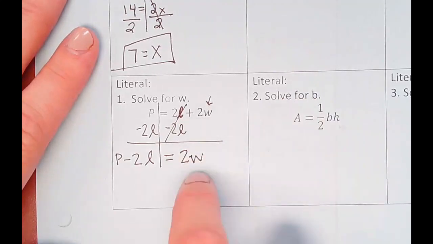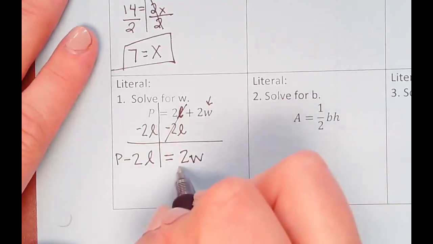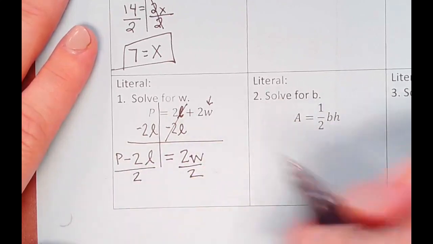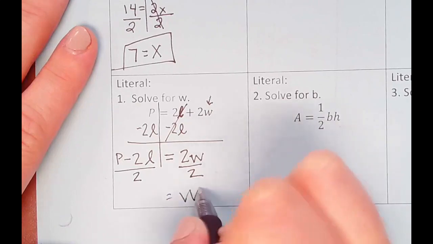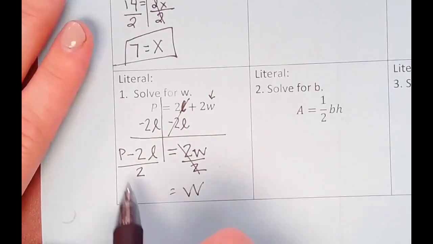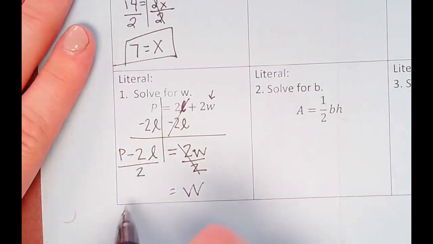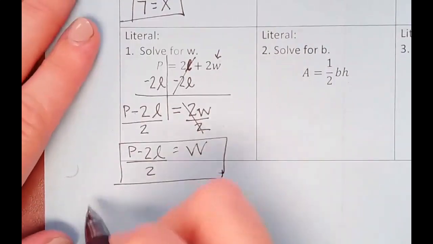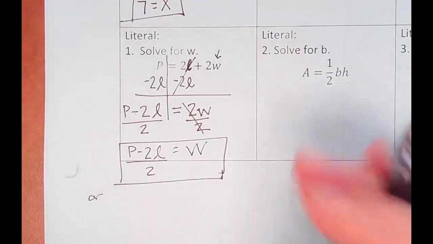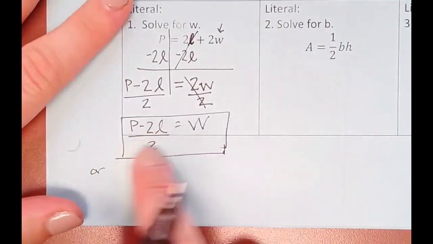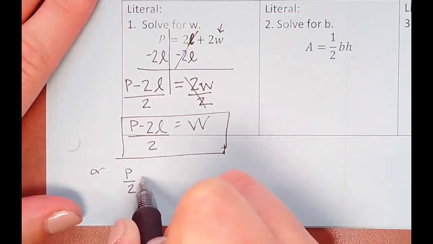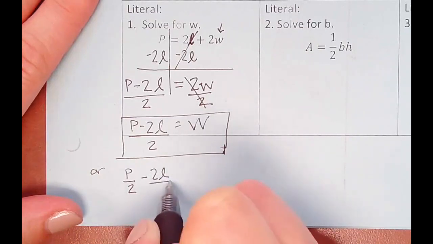We're dividing all by 2, so you could say I'm dividing the P by 2 and I'm dividing the minus 2L by 2, which would lead you to be able to simplify one more step. P over 2 cannot simplify. Minus 2 over 2, those reduce to 1, so it would be P over 2 minus L equals W. I'm okay with either method right now, but you should notice that these two are the same thing. You can just reduce one more step.